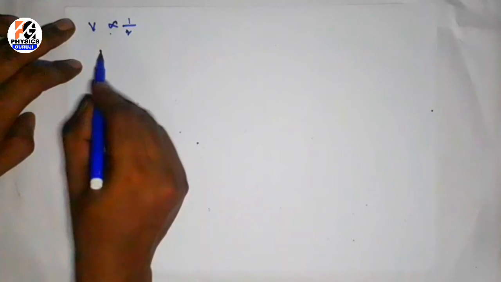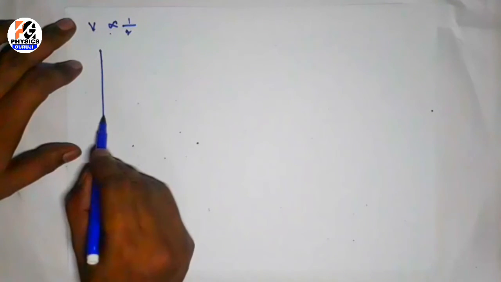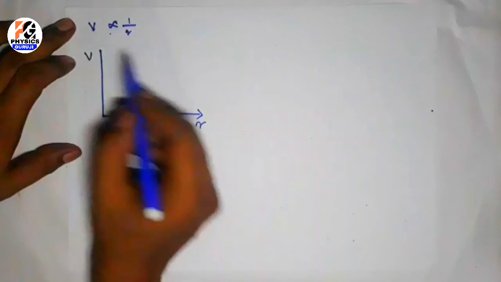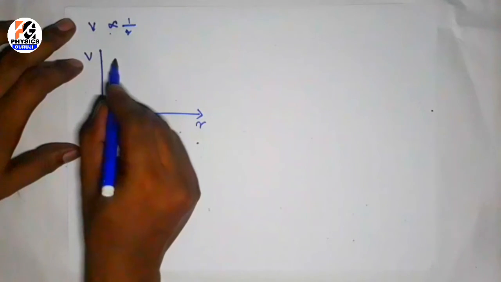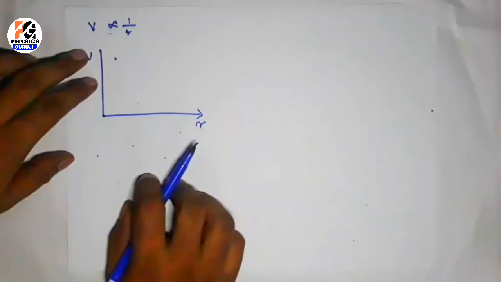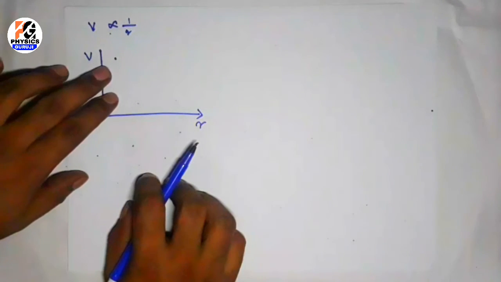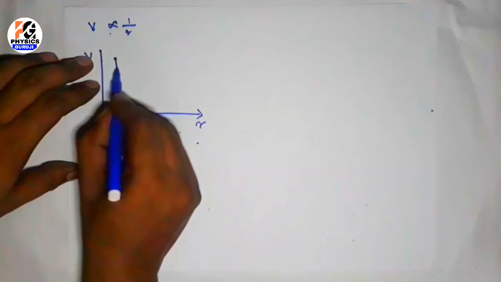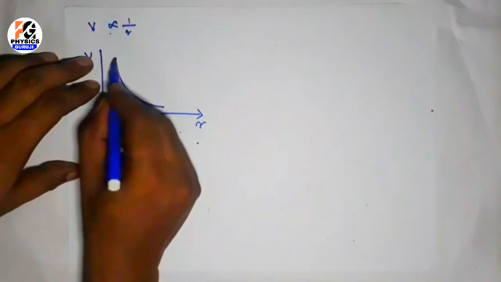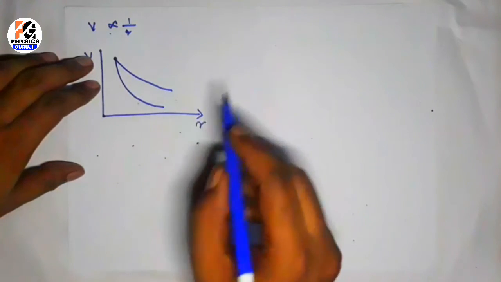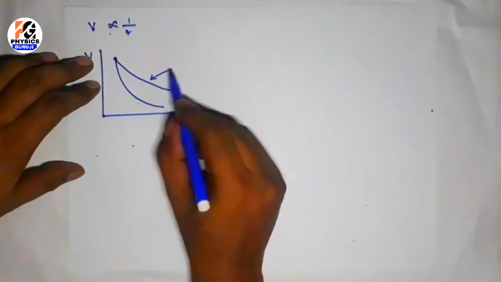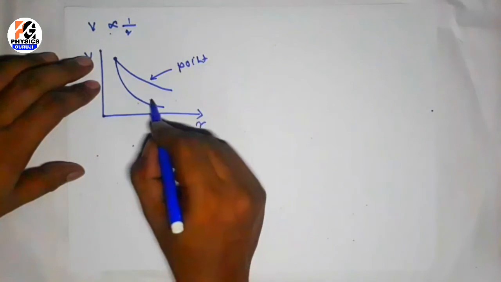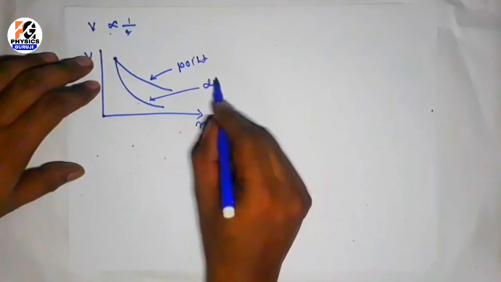So if you draw a graph here, potential versus r, let for a dipole and for a point charge the initial potential be the same, then the potential will vary as these two graphs, and you can easily say that this graph is for a point charge and this graph is for a dipole.